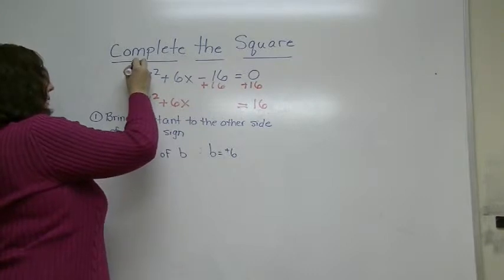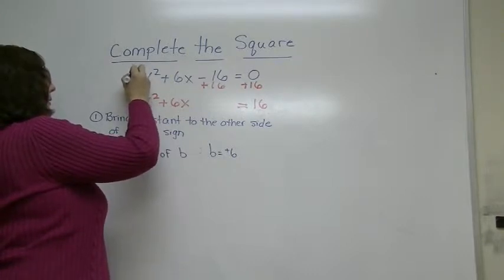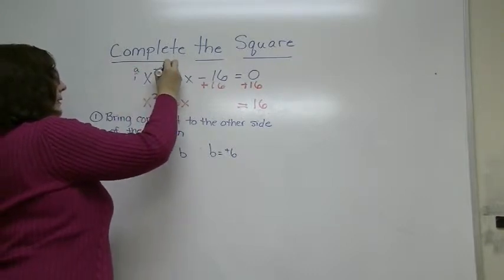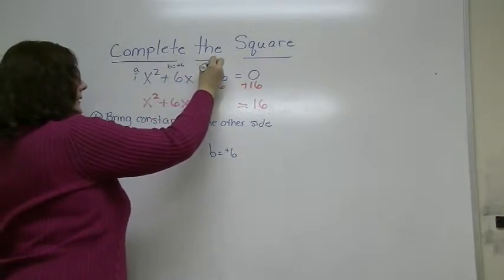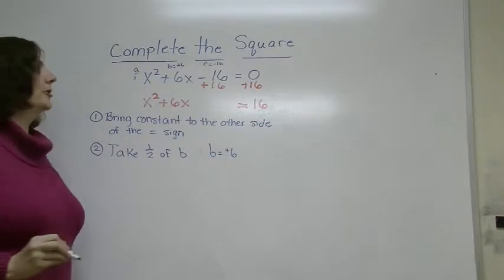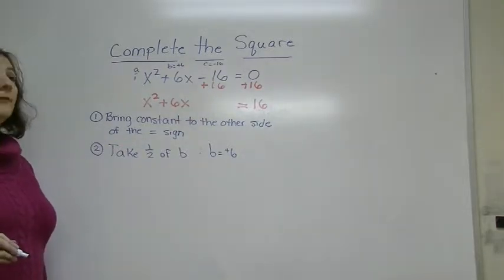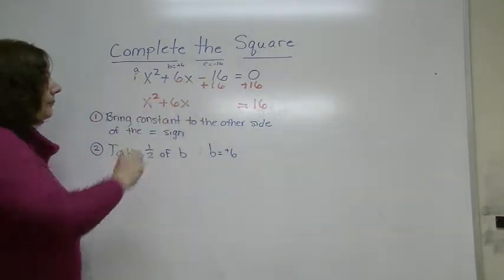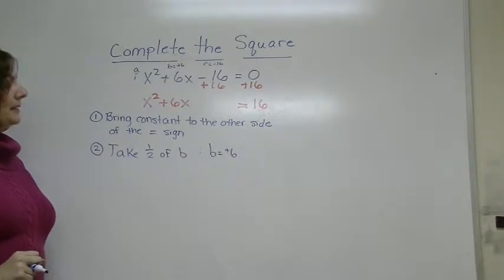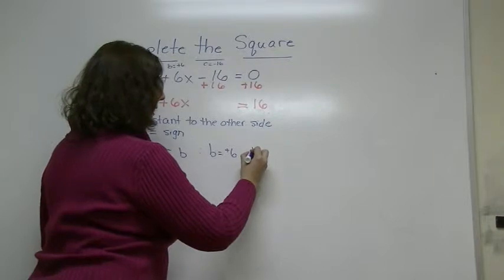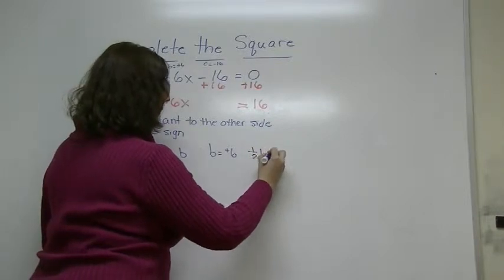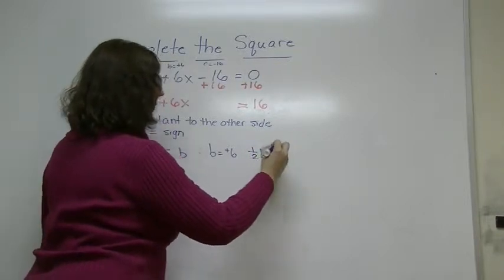Remember, a here would be 1, b is positive 6, c is negative 16. Those are the coefficients in front of your variables. So the b is a positive 6, so I'm going to take half of b. So half of b is a positive 3.